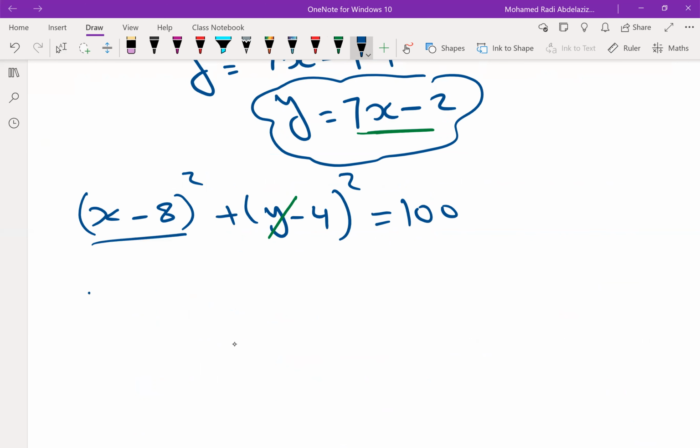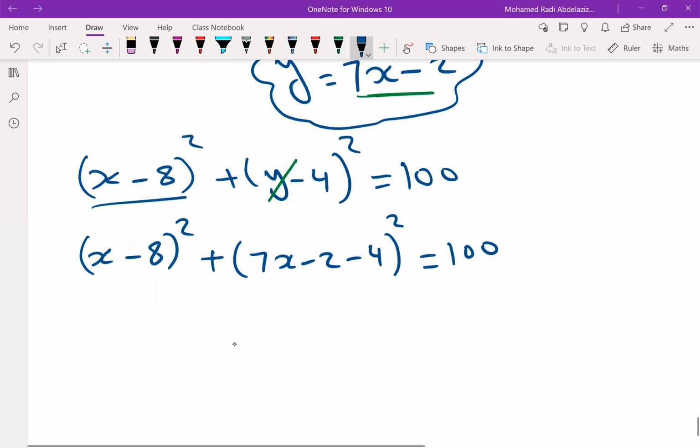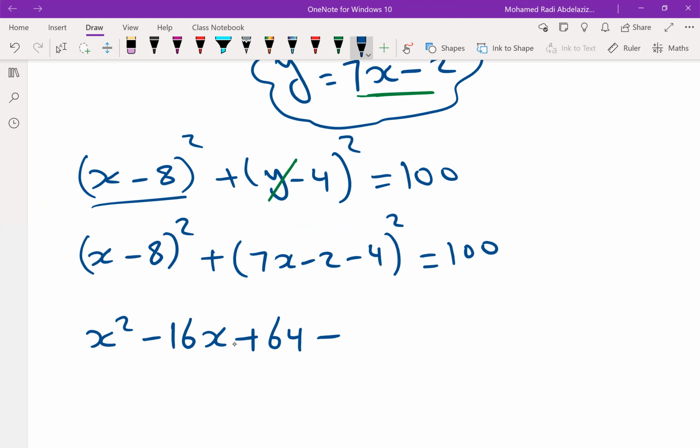Expand (x minus 8) all squared plus, replacing y with 7x minus 2, (7x minus 2 minus 4) the whole squared is equal to 100. Quadratic equation: expand, simplify. x squared minus 16x plus 64 plus, when you simplify negative 2 and negative 4, we can write directly negative 6.